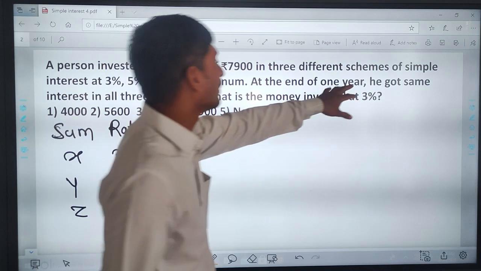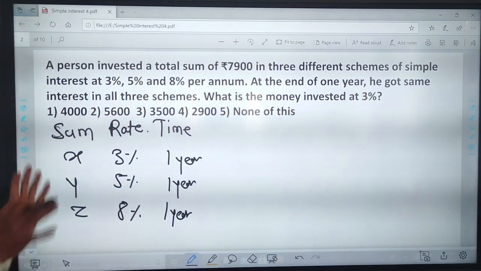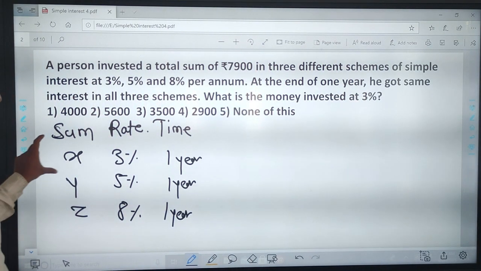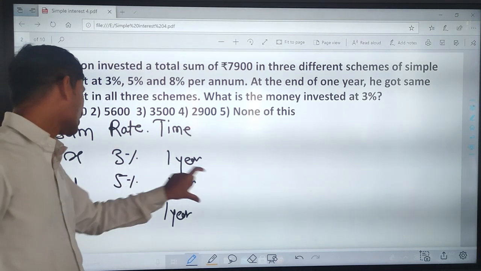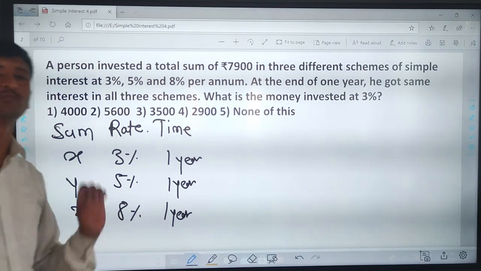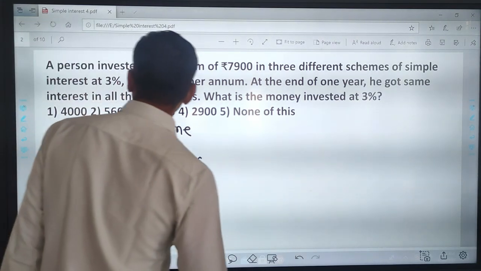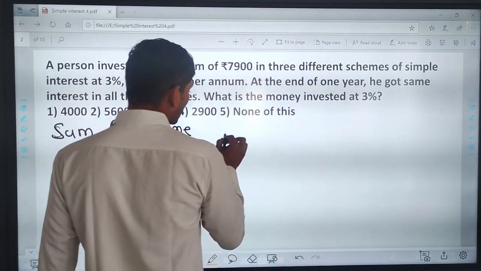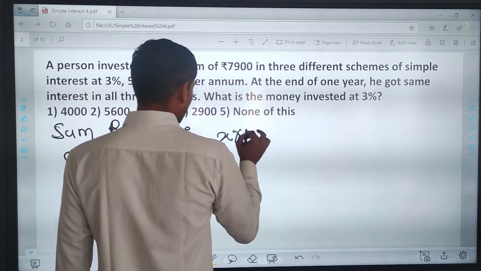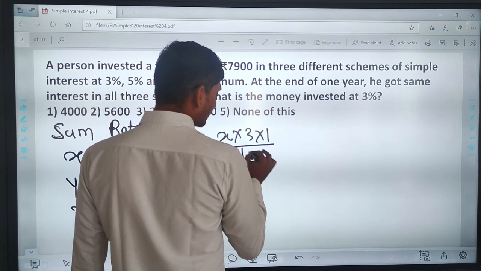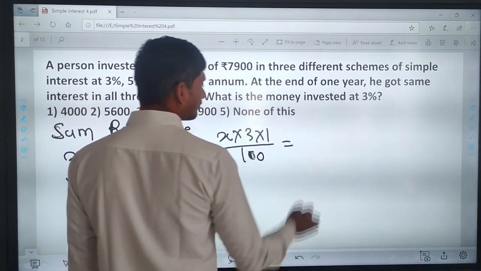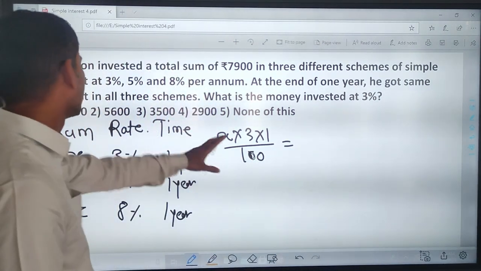Now here, at the end of 1 year, he got the same interest. Then the interest coming on that sum is equal to the interest coming on that sum is equal to the interest coming on that sum. Now here we write x into 3 into 1 year divided by 100. This is the interest on sum x.